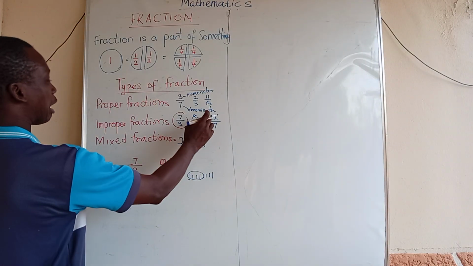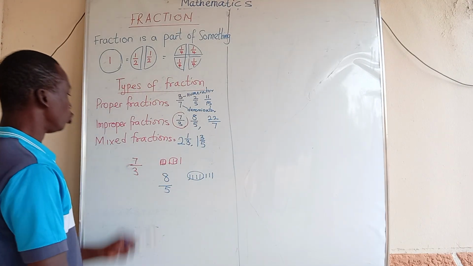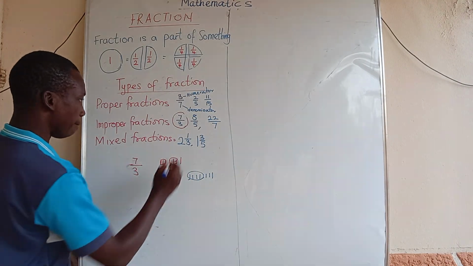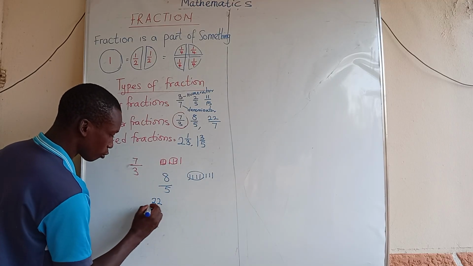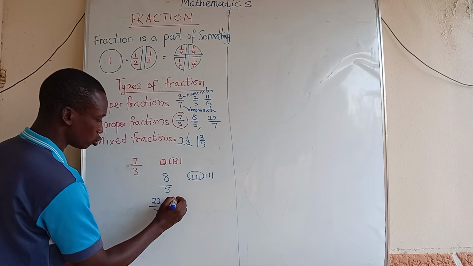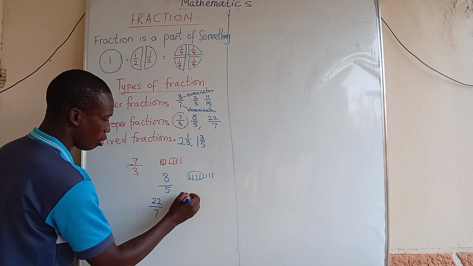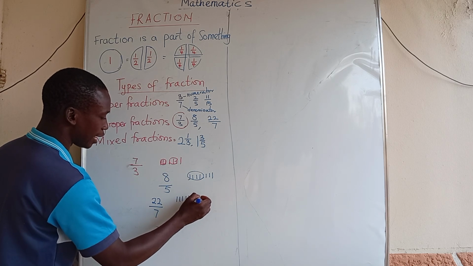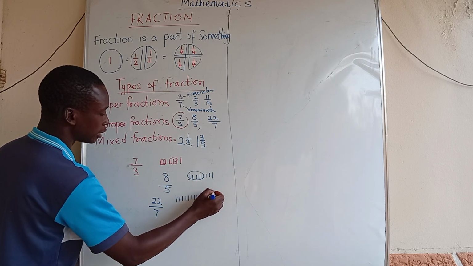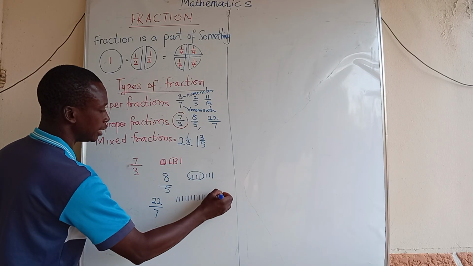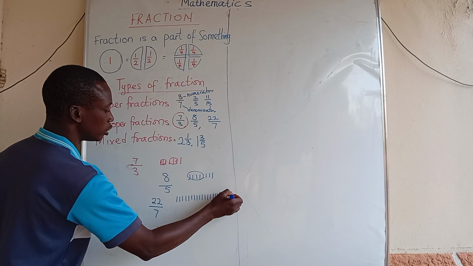So also we can convert this 22 over 7 to a mixed number by counting 22, 1, 2, 3, up to 22.